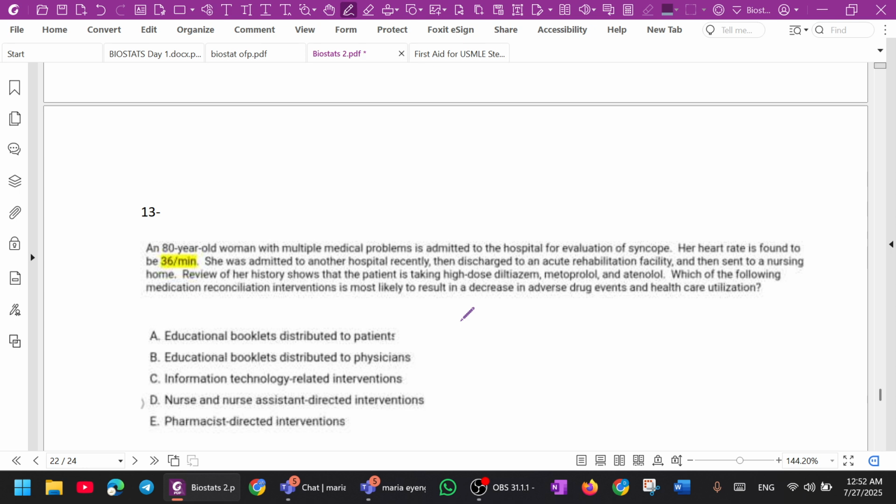Review of her history shows that the patient is taking high-dose diltiazem, metoprolol, atenolol. Which of the following medication reconciliation interventions is most likely to result in a decrease in adverse drug reaction and healthcare utilization?